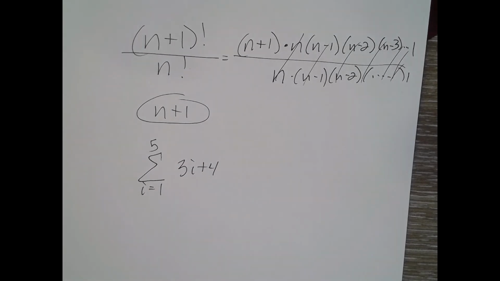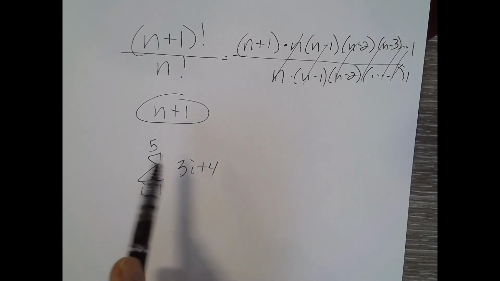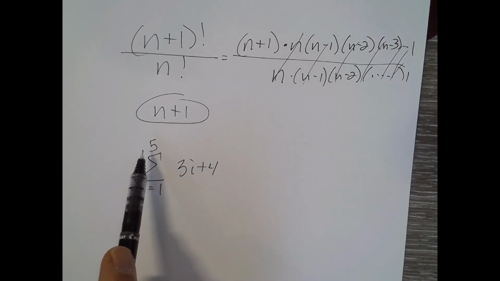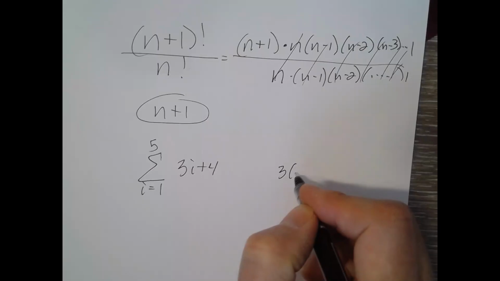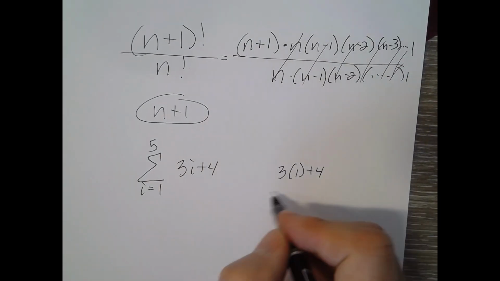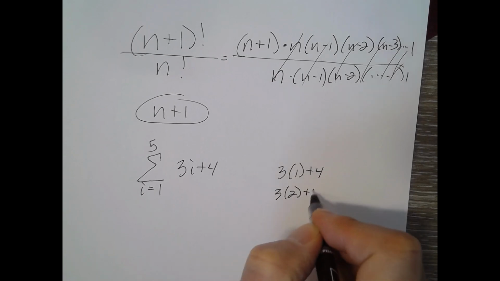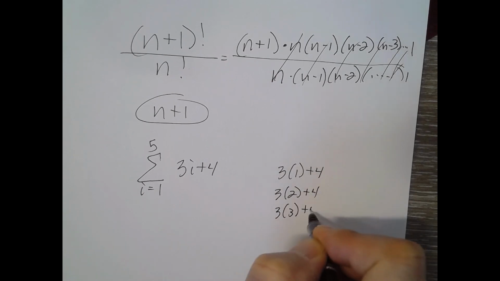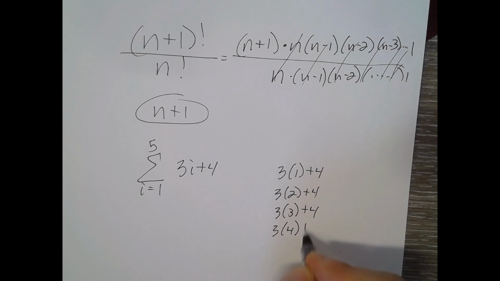So we are adding up a number of different terms. We start with this one when i is 1, and we go all the way until it gets to 5. So the first term would be 3 times 1 plus 4, and then the next term we go up by 1, so it would be 3 times 2 plus 4, 3 times 3 plus 4, 3 times 4 plus 4, and 3 times 5 plus 4.